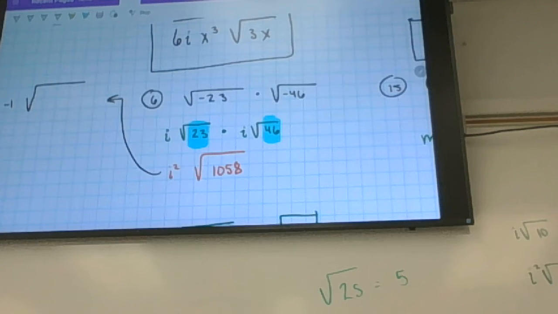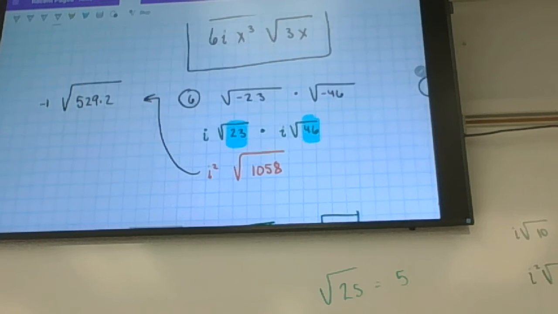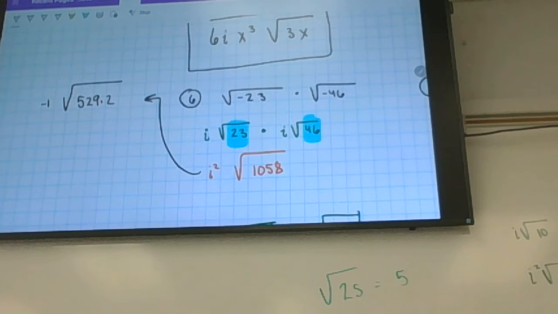Turns out that this is 529 times 2. 529 square roots to be 23. I won't ever test you on a number like that. So on your test, I'll expect you to know perfect squares up through 12. So 144. 144.